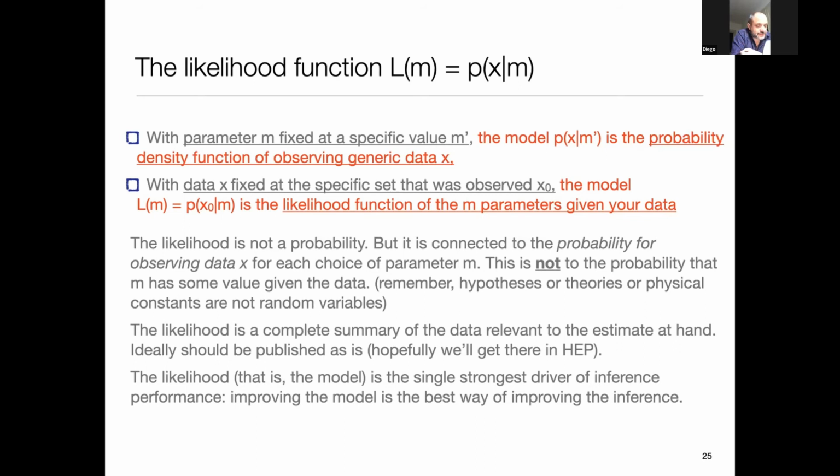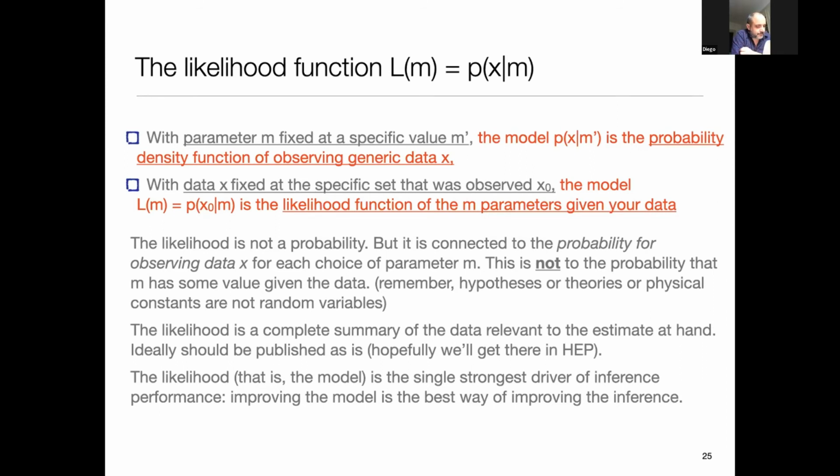However, it is connected to the probability of observing data X for each choice of the parameter M. So the likelihood expresses the probability of observing the data for each possible choice of the parameter M. If nature put the speed of light here, then I would observe this set of data of my experiment. If nature had put the speed of light there, then I would observe this other set of data, etc., etc.